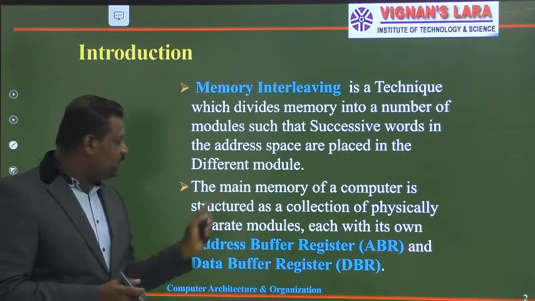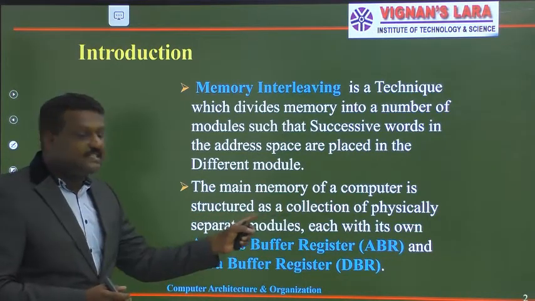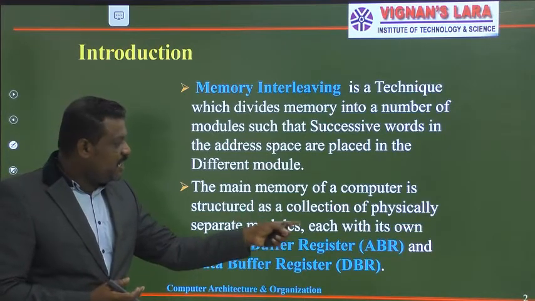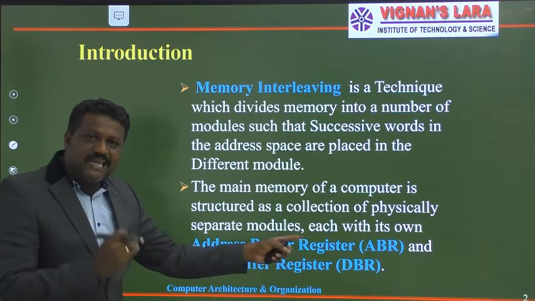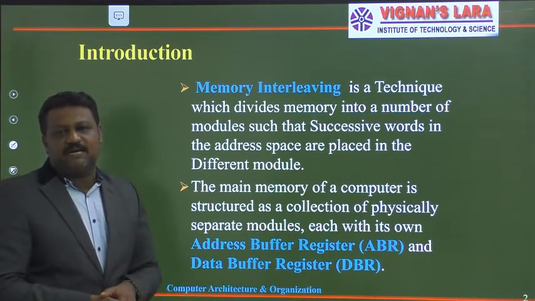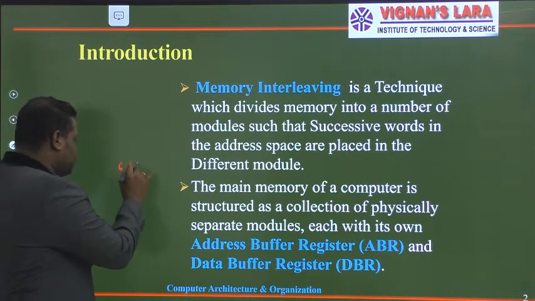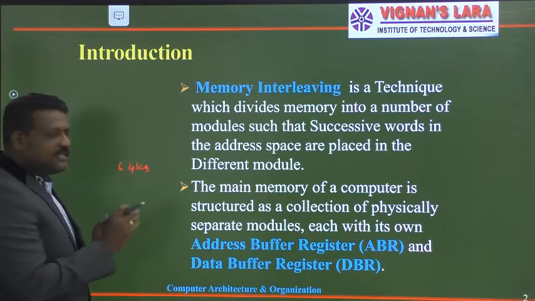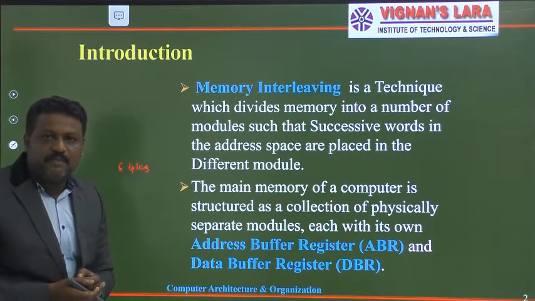The main memory of a computer is structured as a collection of physically separate modules, each with its own address buffer register, ABR, and data buffer register, DBR. For example, my system needs 64 kilobytes of memory. Suppose this 64 kilobytes is not available in a single chip.